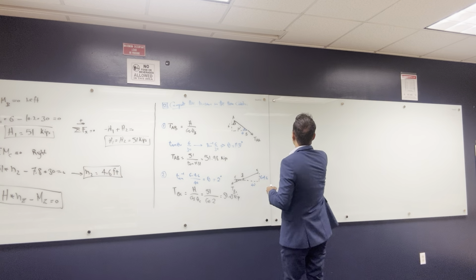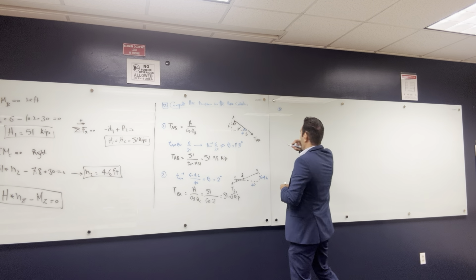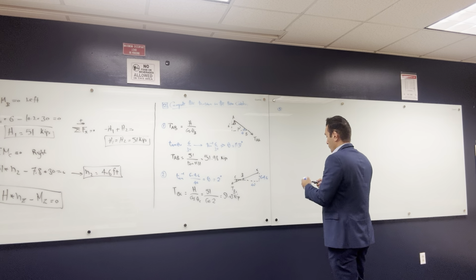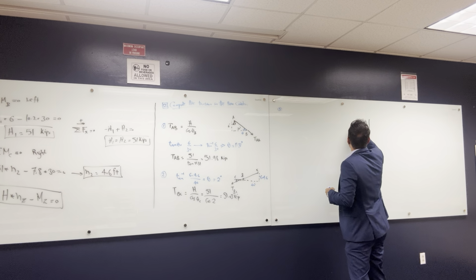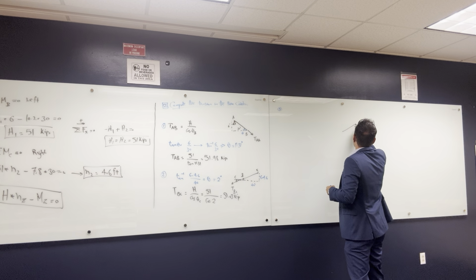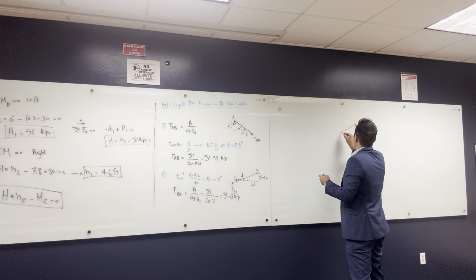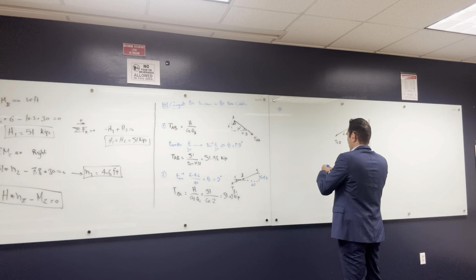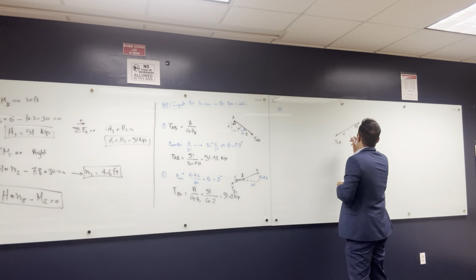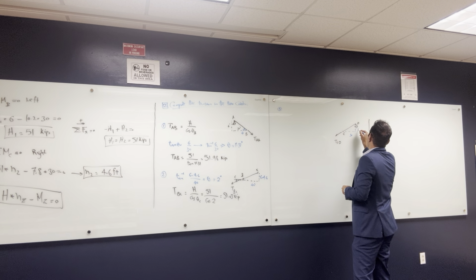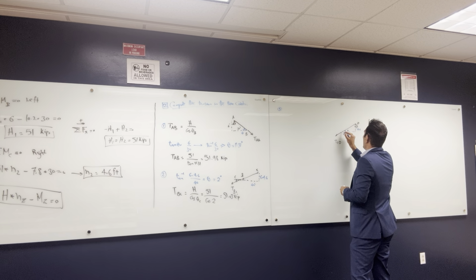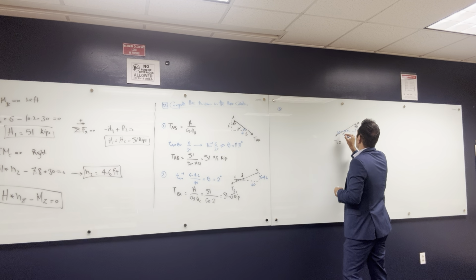Cable number 3. You're going to have something like this, and this is the hinge, and I have TCD. I know this distance is 30, and this height is 4.6, and this is theta, the same theta here.